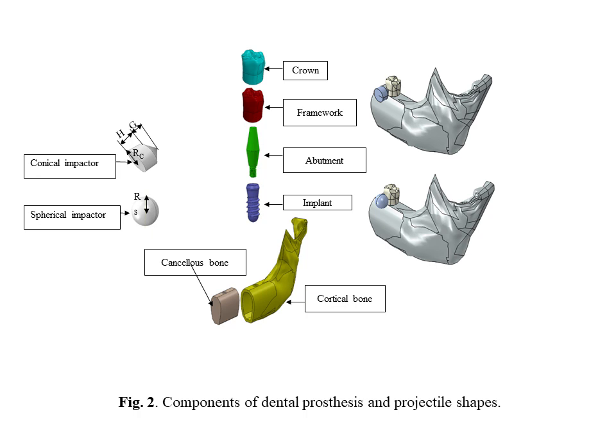Well, our problem is to protect the crown, and the second problem is to predict the damage of the crown. So the first is to predict the distribution and the level of stress in the different parts of the dental prosthesis.